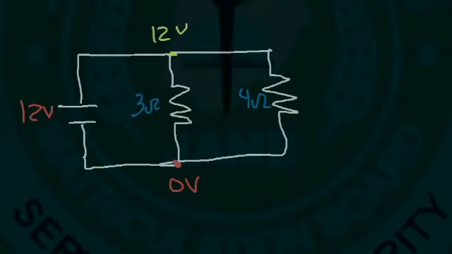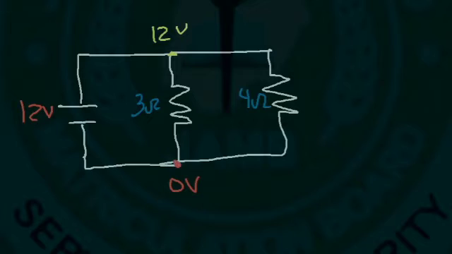So the voltage across the 3 ohm resistor and the 4 ohm resistor is 12. Now keep this in mind. The current that passes through two resistors in series is the same current. The voltage across two resistors that are parallel to each other is the same voltage. How can we find the current that flows through the 3 ohm resistor?